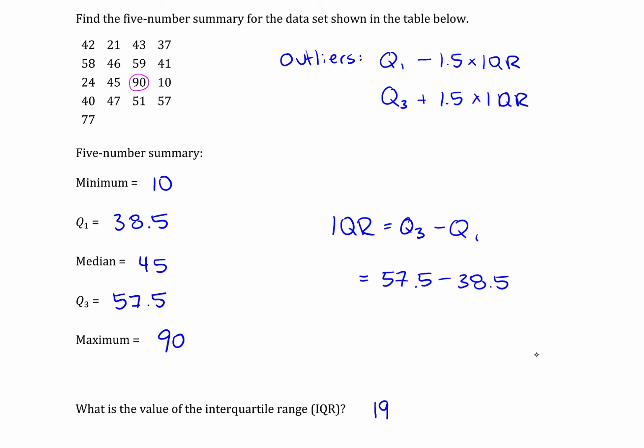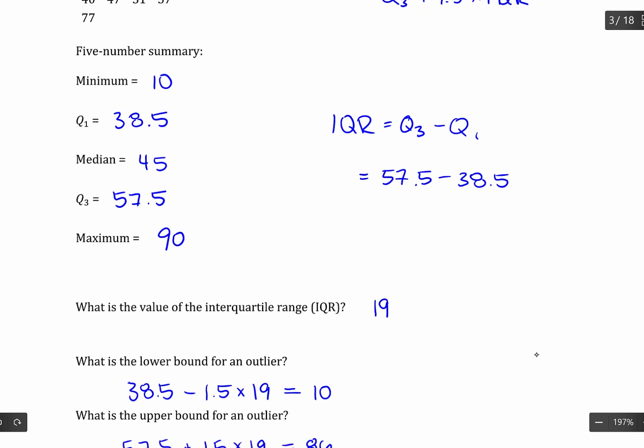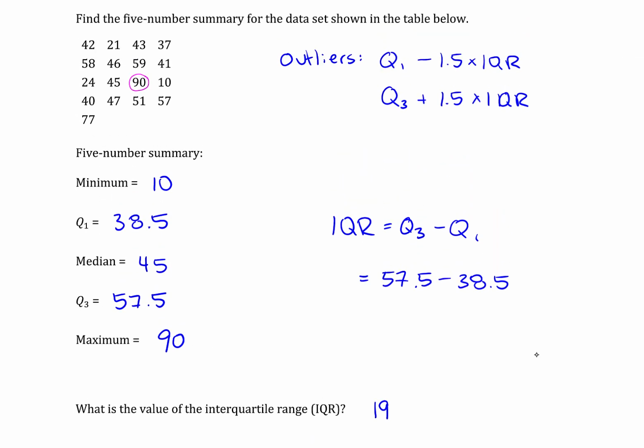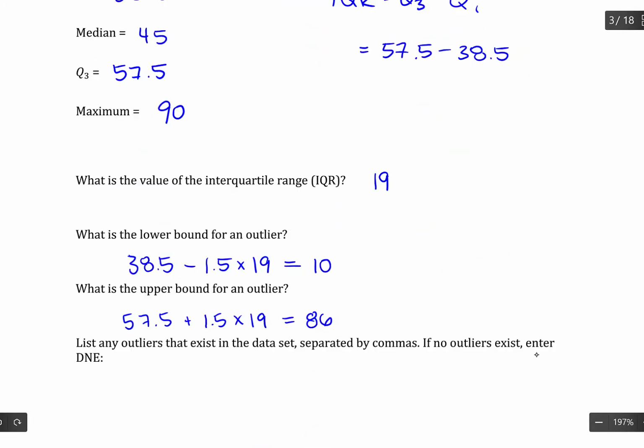Okay, looks like just one to the upper end. And any value less than 10. Well, I have a 10, but it doesn't count as equal to. It's just a boundary, so we don't include the 10. So it looks like 90 is my only outlier.